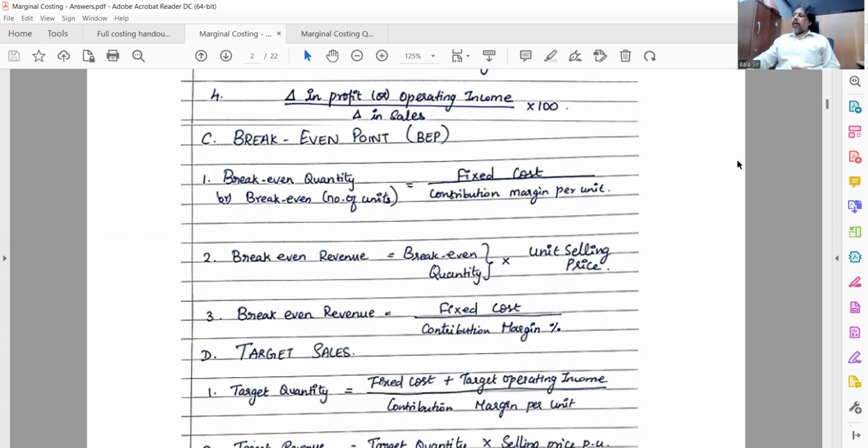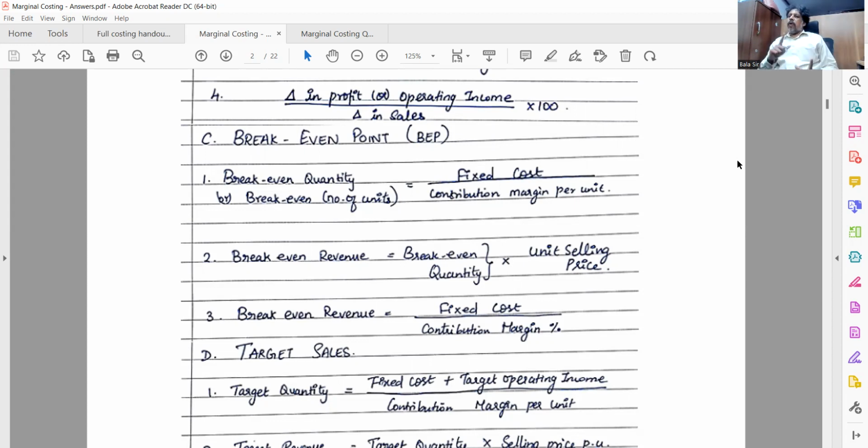Remember, the break-even point is where the contribution earned should be equal to your fixed cost. So to earn 20,000 rupees contribution, I have to sell how much worth of units? 20,000 divided by 0.4. Why? If I want 40 paise contribution, I better sell 1 rupee worth of product. If I want 20,000 rupees contribution, which is equal to my fixed cost, I should sell 20,000 divided by 0.4.